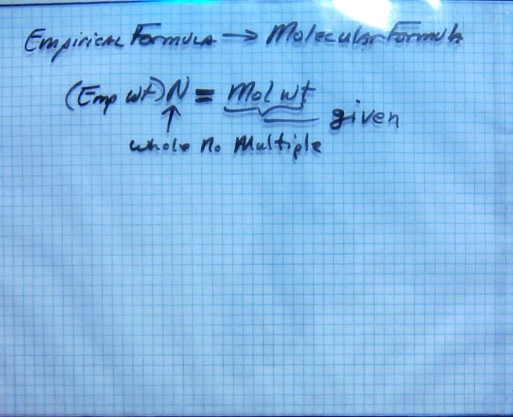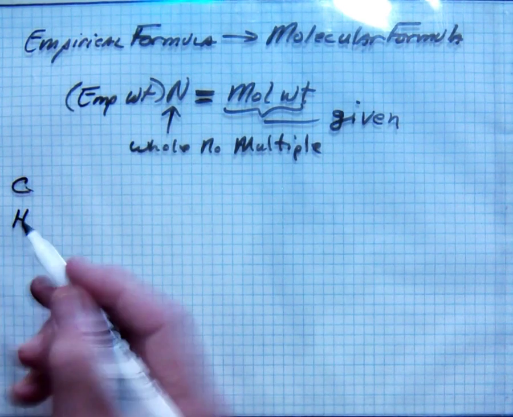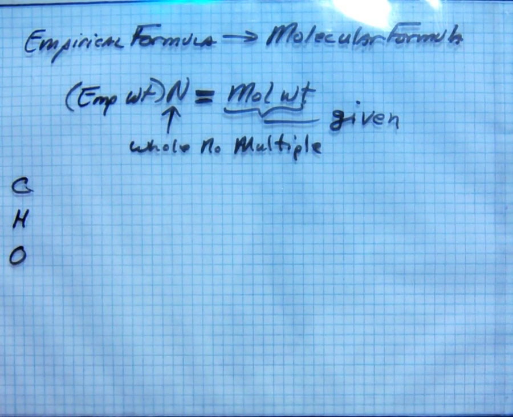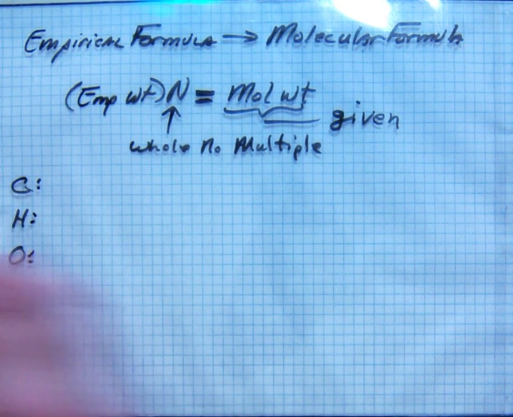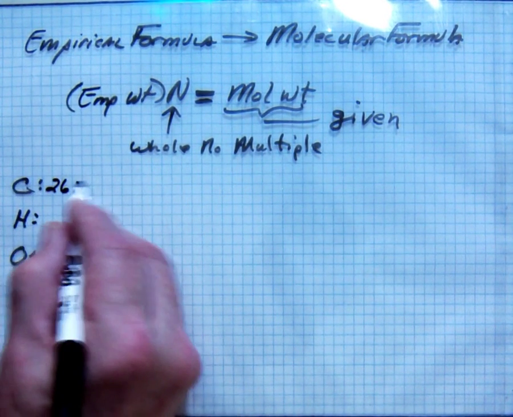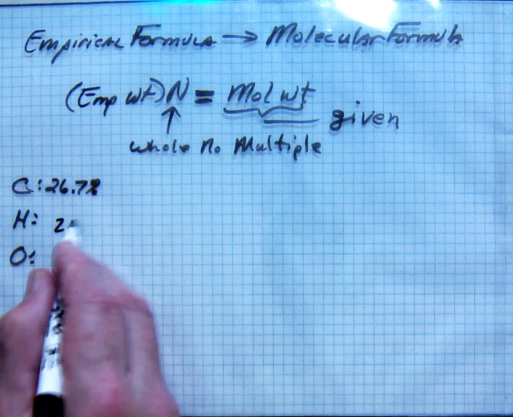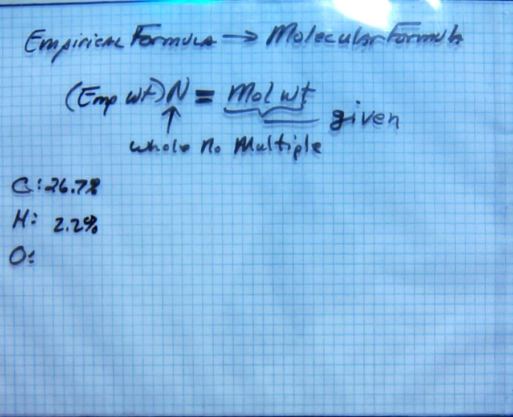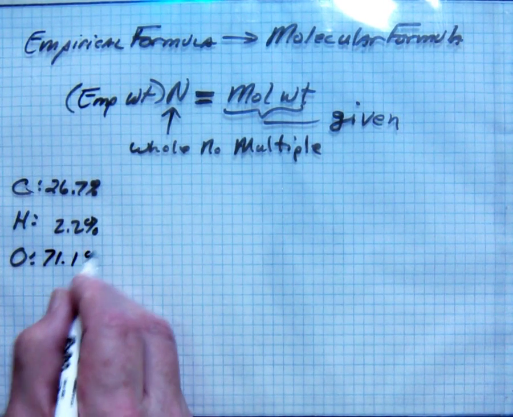Okay, so in this one, we're looking at oxalic acid, a toxic substance used in laundry to remove rust and stains. Its composition is carbon, hydrogen, and oxygen. Carbon is 26.7, hydrogen is 2.2 weight percent, and oxygen is 71.1%.